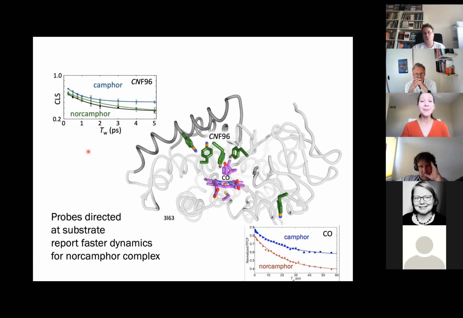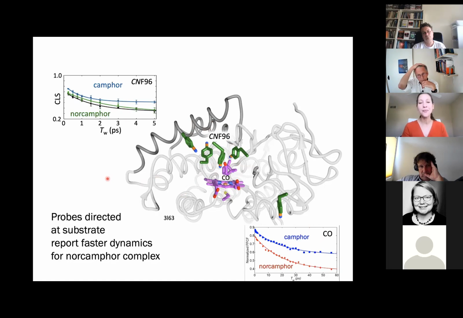But at the same time, in the active site, we saw more rapid motions in the case of Nor-camphor for the two probes, the CN96 here and the CO, which are directly contacting the substrate, suggesting that while you have this disruption and this larger scale structural change, it leads to kind of a loosely fit or a wiggling substrate in the pocket.